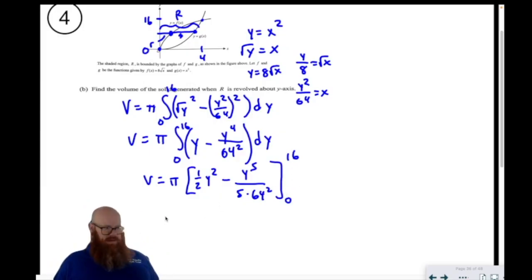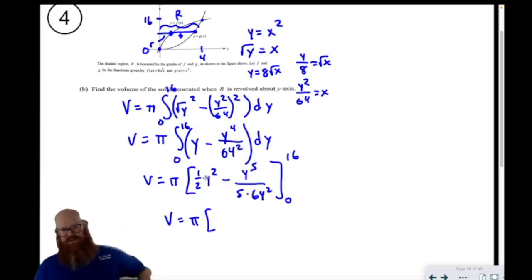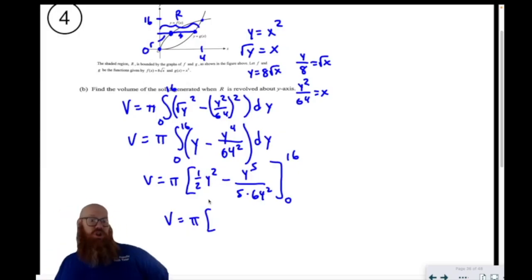And finally, we are going to do pi times 16 squared over 2. Well, I could do some work here. 16 is 2 to the 4th, so 16 squared will be 2 to the 8th over 2, which is 2 to the 7th. That one I do know is 128.